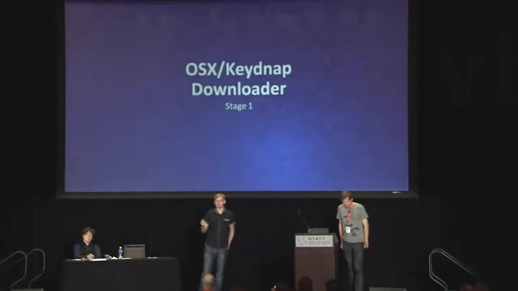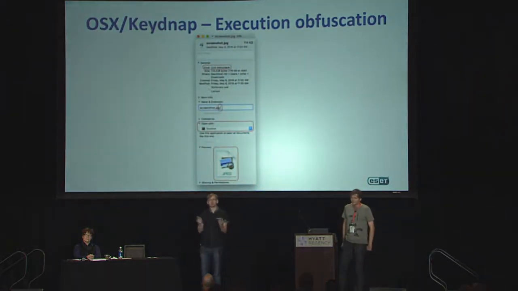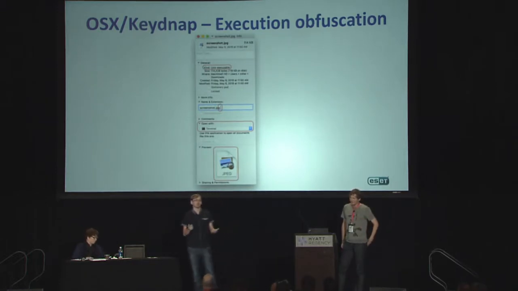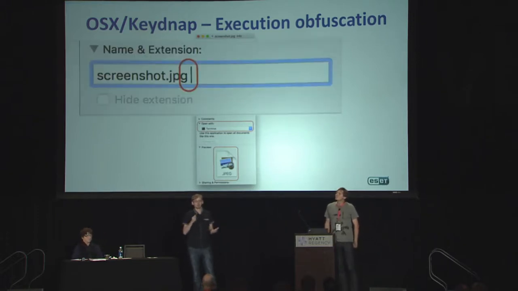Okay, the downloader. The downloader is just some file that has the icon of a JPG. It even has the extension of JPG. Actually not, it has the extension "JPG" followed by a space.